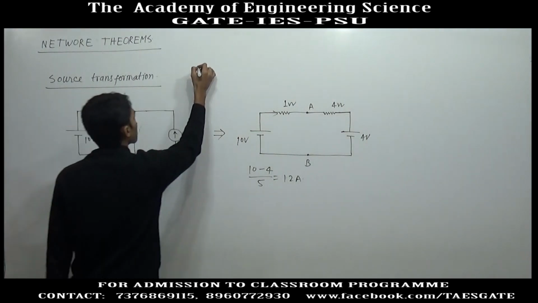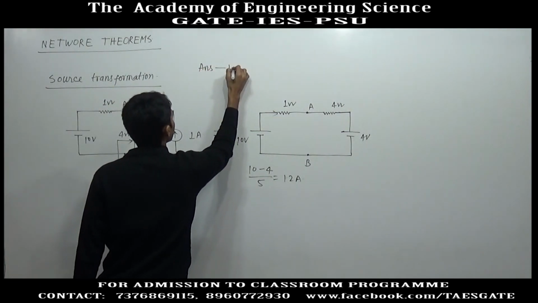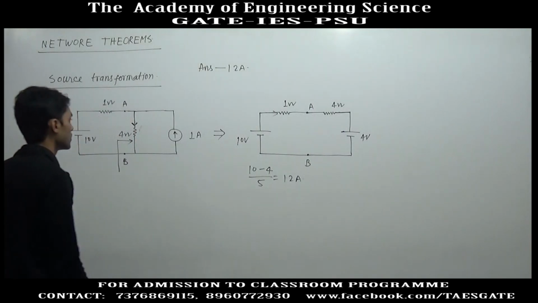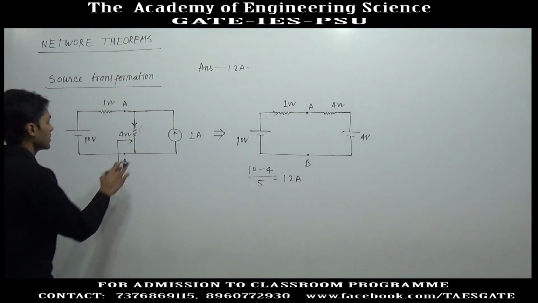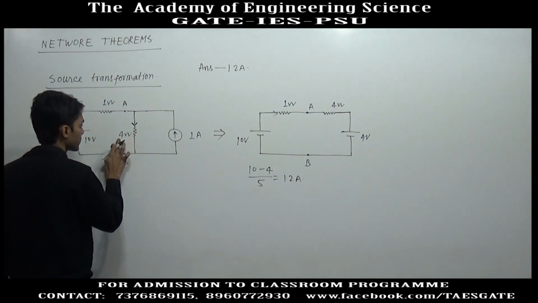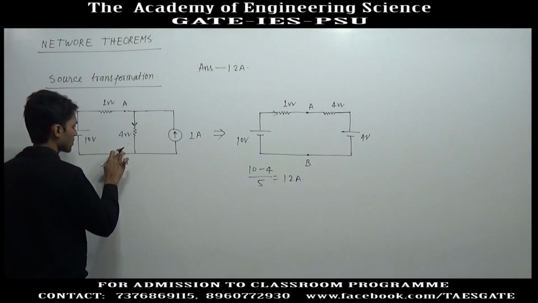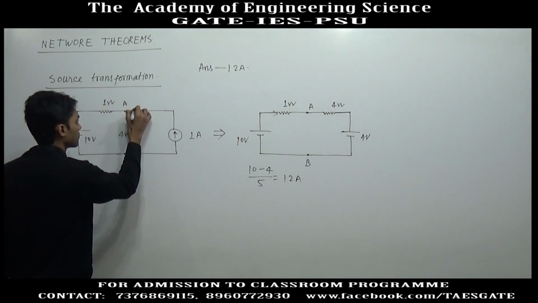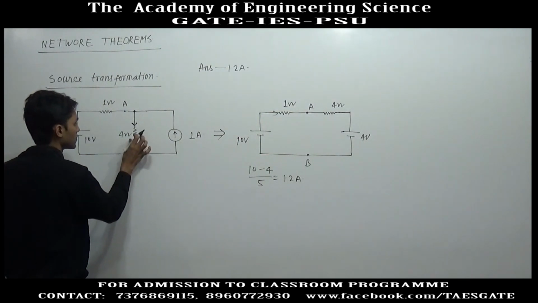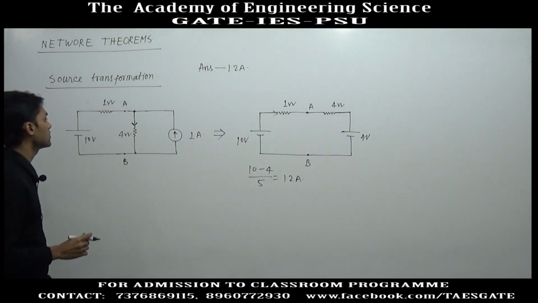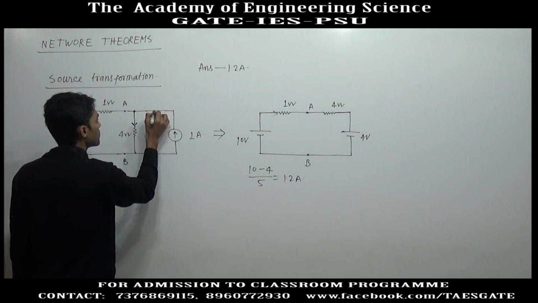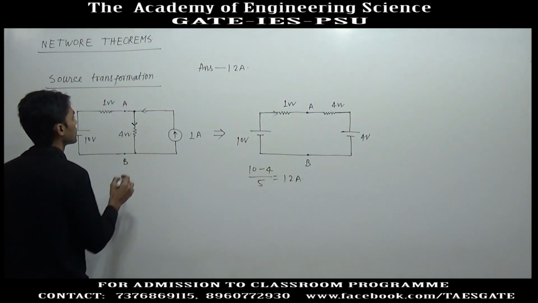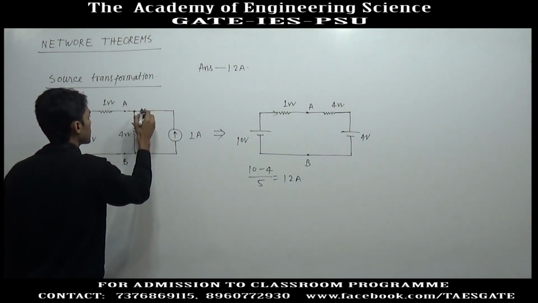Suppose your answer is 1.2 ampere. Now I am asking you to verify it using KVL or KCL or a conventional method. So we will apply nodal analysis here. We will say that 1 ampere of current is coming in here.